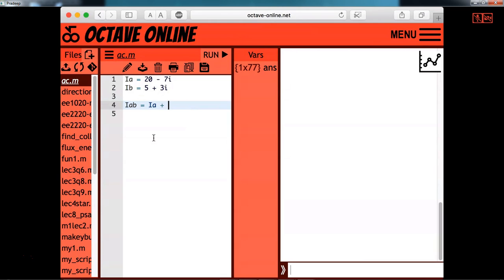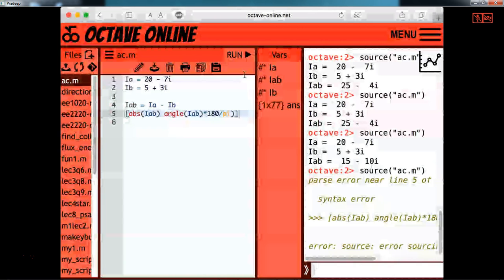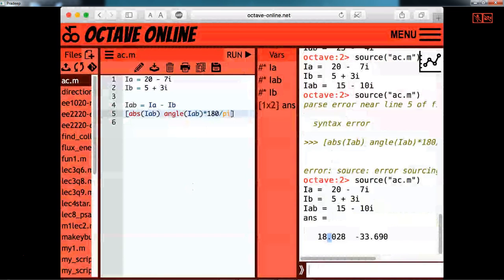So now if I run this command, so save and then run. Yeah, I think the brackets is a problem. Okay, save and run. So here 18.028 angle minus 33.69. So yes, the answer given by JNTU KCB is correct. So I am getting the same answer 18.028 and 33.69.